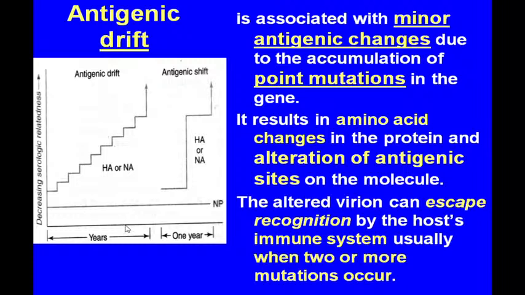What is antigenic drift? As a result of passing the virus from one human to another, minor antigenic changes may occur as a result of accumulation of point mutations in the genes that code for hemagglutinin and neuraminidase.